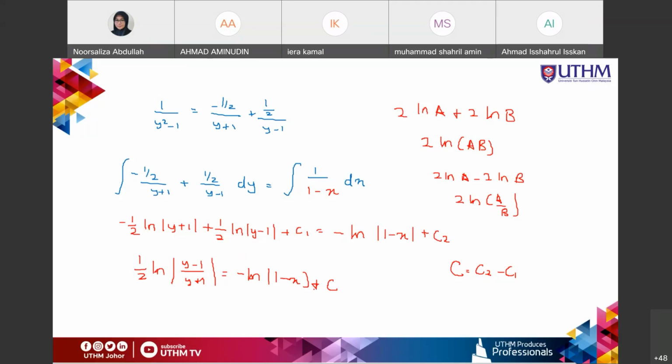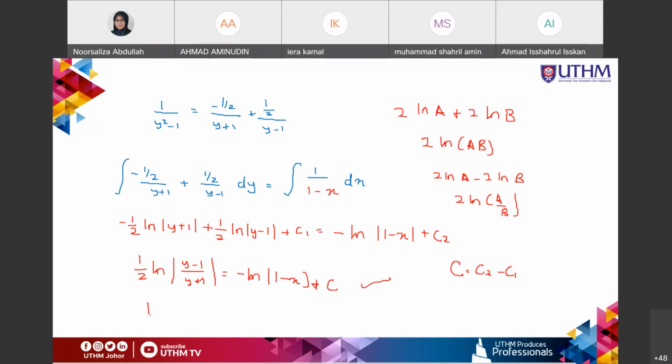Boleh permudahkan lagi tak? Can you simplify? Boleh kot. Macam mana nak simplify lagi? Okay, it's either you sampai sini pun okay, ataupun you bring this half to this part.